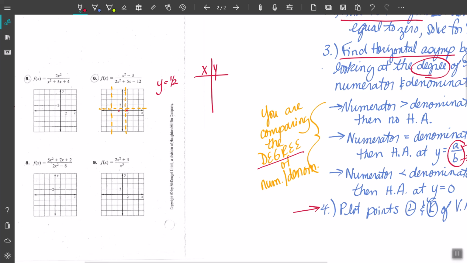And I'm going to pick 0 to do that, because 0 actually is falling inside those two vertical asymptotes. So when I put 0 into the function and I use my calculator, I'm going to get 0.25. So that'll be about right here.